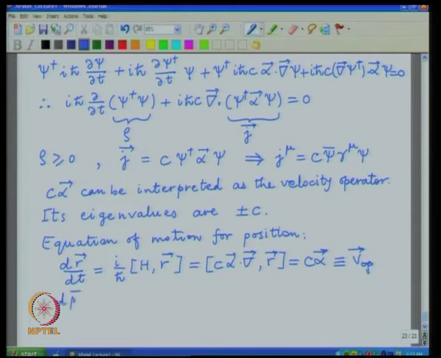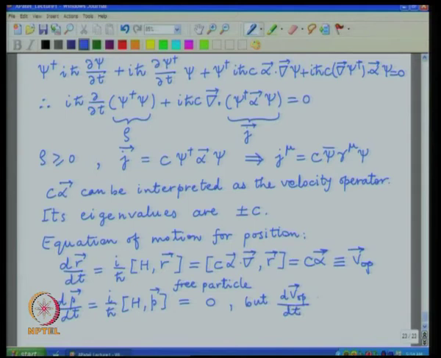For instance, dp by dt will be equal to the commutator the same way with the Hamiltonian, and if you take a free particle which is an eigenstate of momentum, then this commutator is 0, but on the other hand if you construct the derivative of the velocity operator, it will become a commutator of H with alpha, and this will be non-zero even for a free particle.